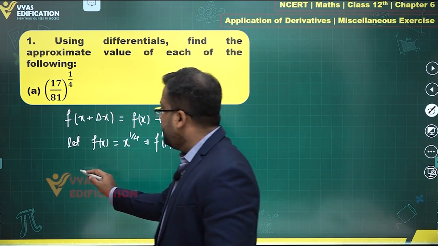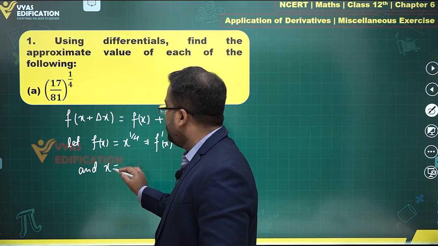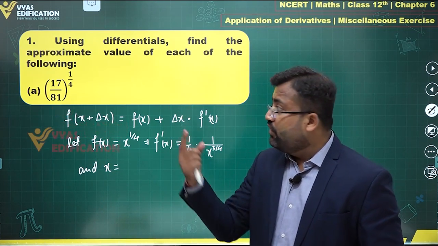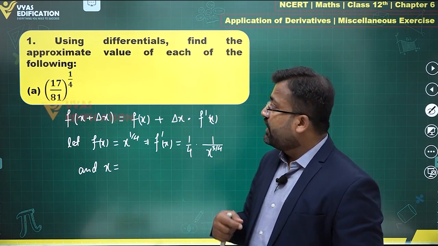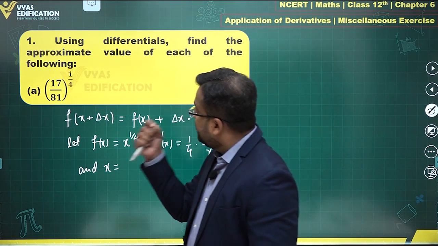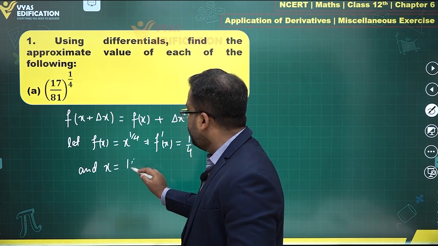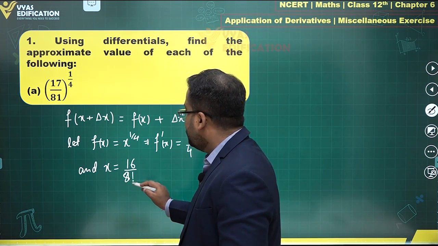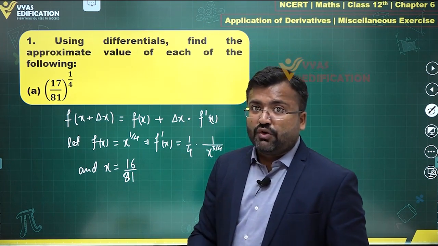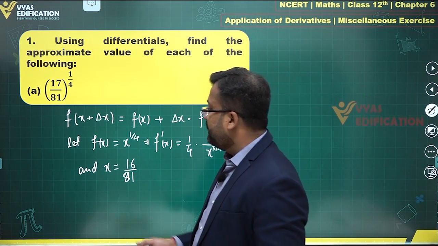And x is equal to, let us say, something for which we know the fourth root. And what is that number? Can you please observe that this is very close to 16 upon 81, right? We know for 16 upon 81, because 16 is 2 power 4 and 81 is 3 power 4, we can easily find the fourth root.